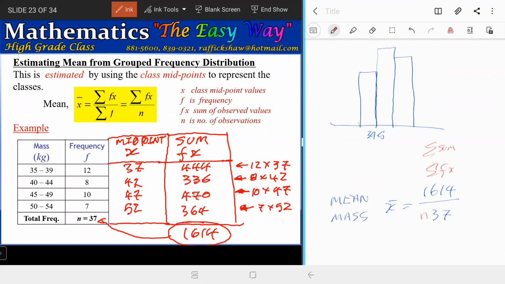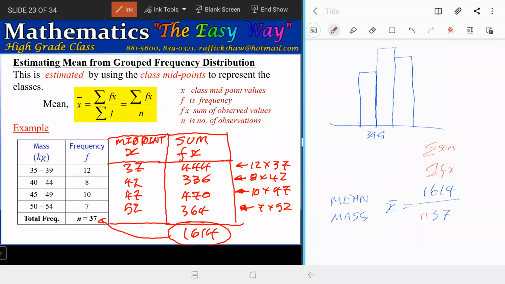So this was an estimated mean because we assumed that the mass we used was the midpoint mass of a group. It is not true that all the balls in a group measure the midpoint mass.